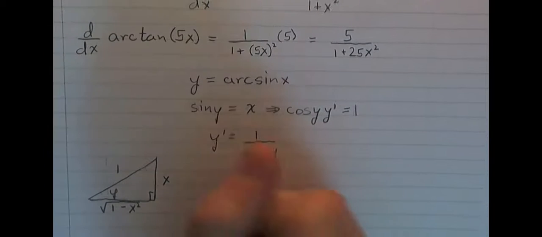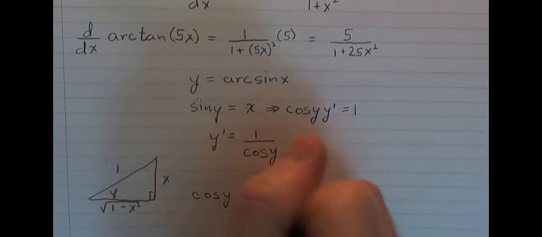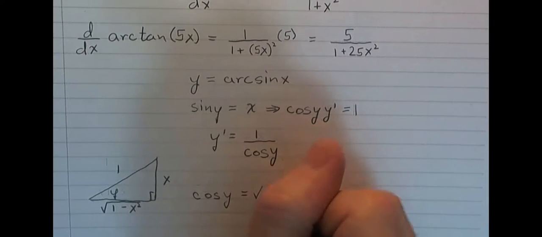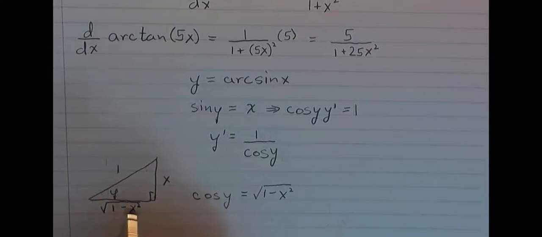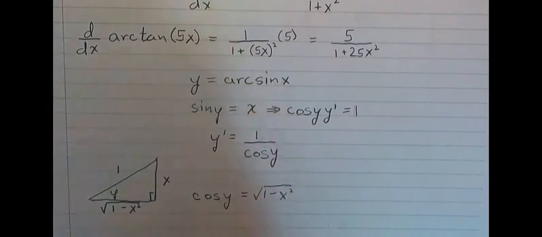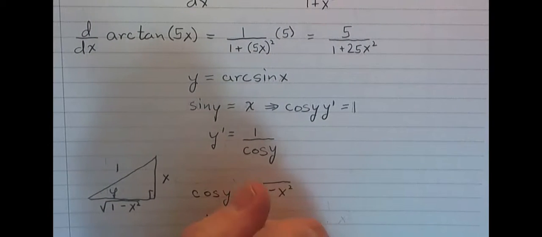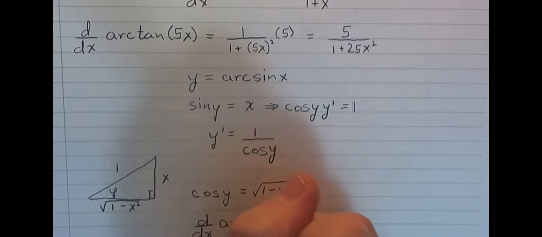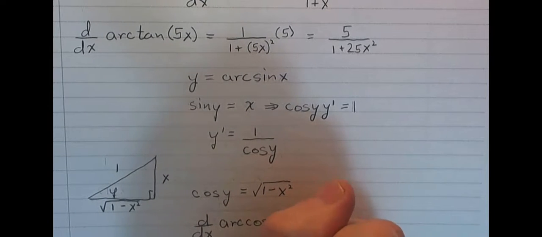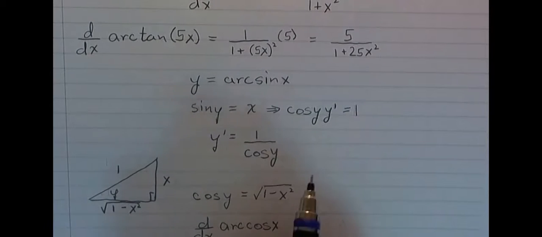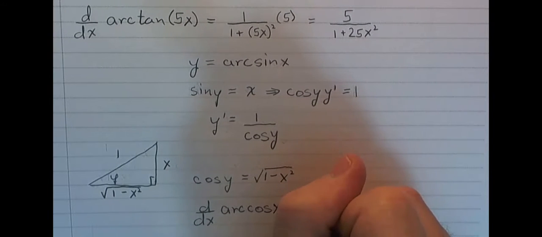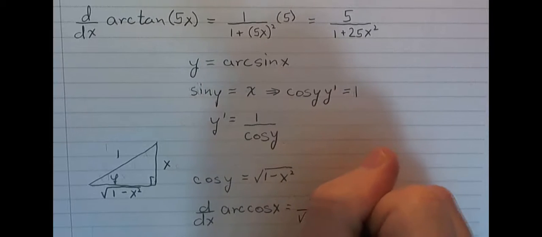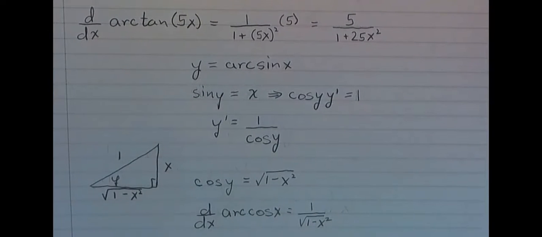So now we have cosine y equals the square root of 1 minus x squared over the hypotenuse, over 1. So now we know what the derivative is. The derivative of arc sine is 1 over this cosine y. So this is going to be 1 over the square root of 1 minus x squared. There it is. So we have a formula here.